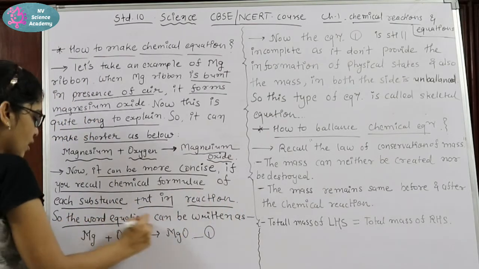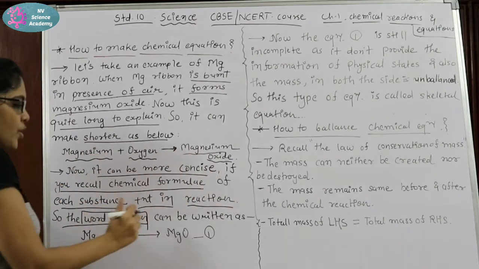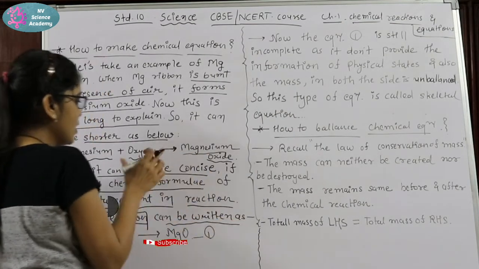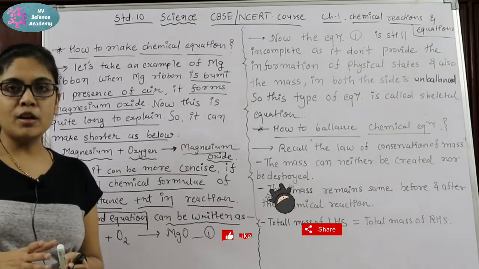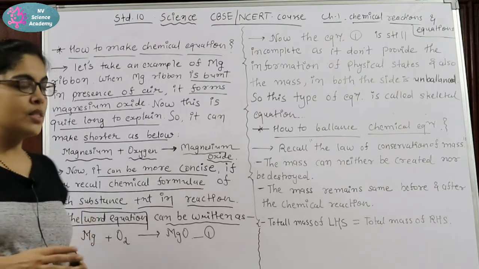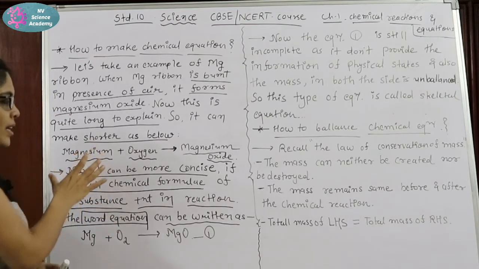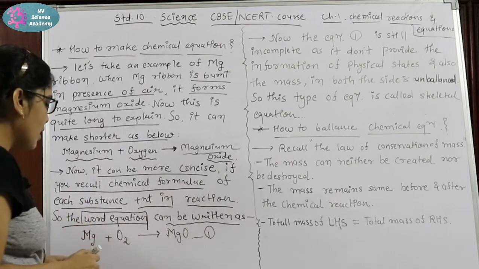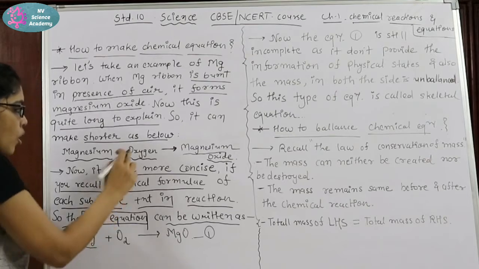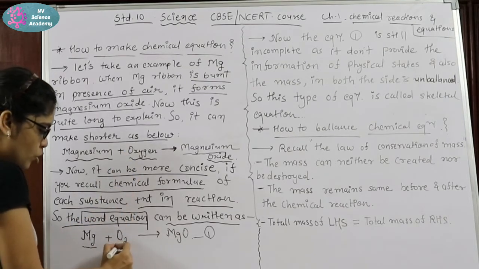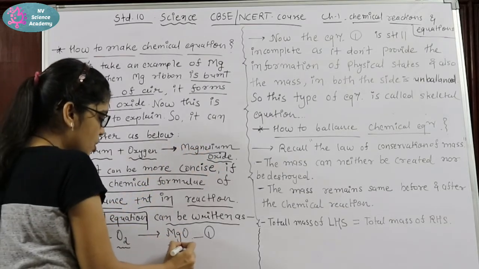So this word equation can be written as, you should know the chemical formula of each substance present in this reaction. For magnesium, what will be the chemical formula? The magnesium formula is Mg. For oxygen, it's O2. It gives magnesium oxide, it means MgO.